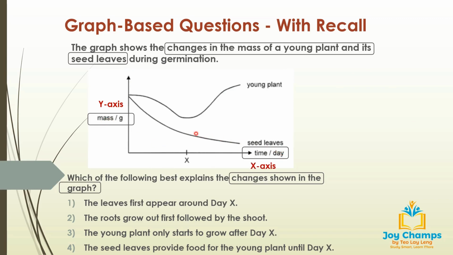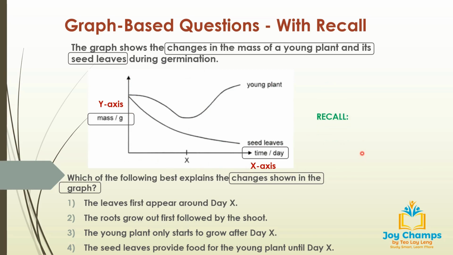So it is important to understand how the mass of the young plant as well as the mass of the seed leaf changes with time. A quick tip: for all graph-based questions, always remember to describe how y changes with x.